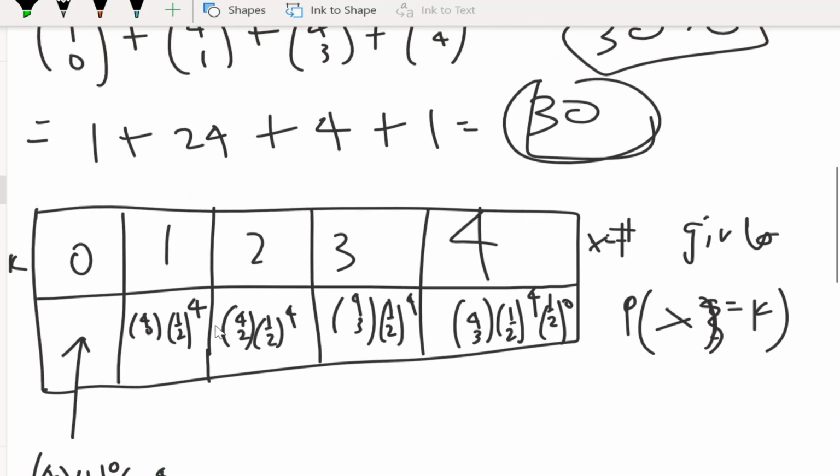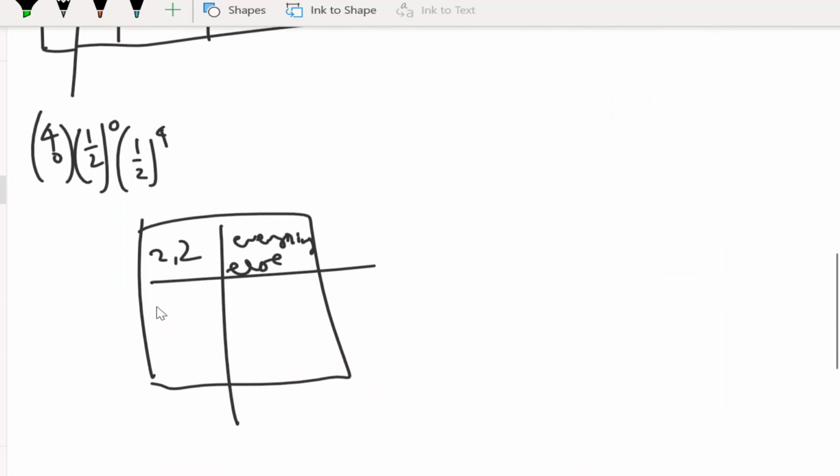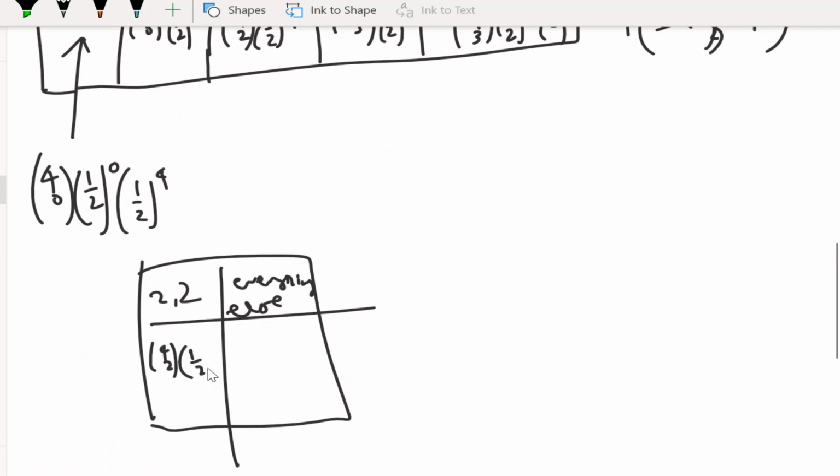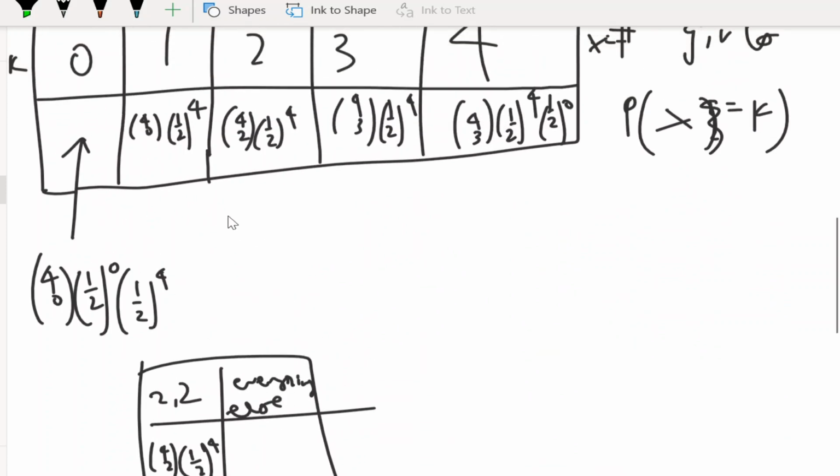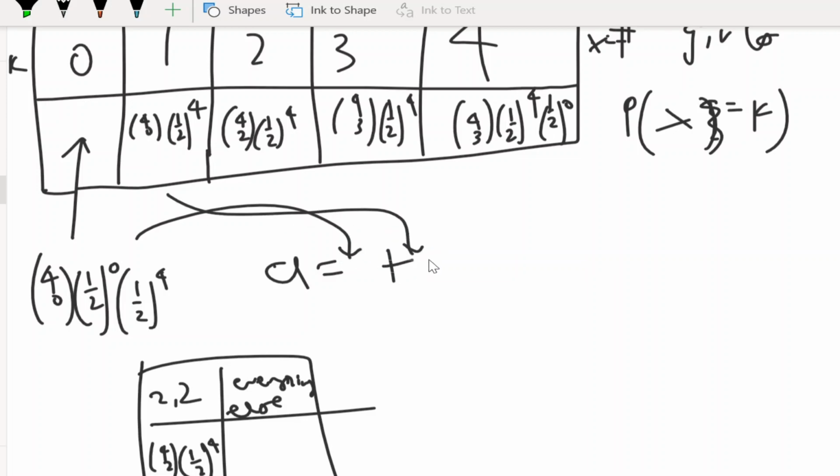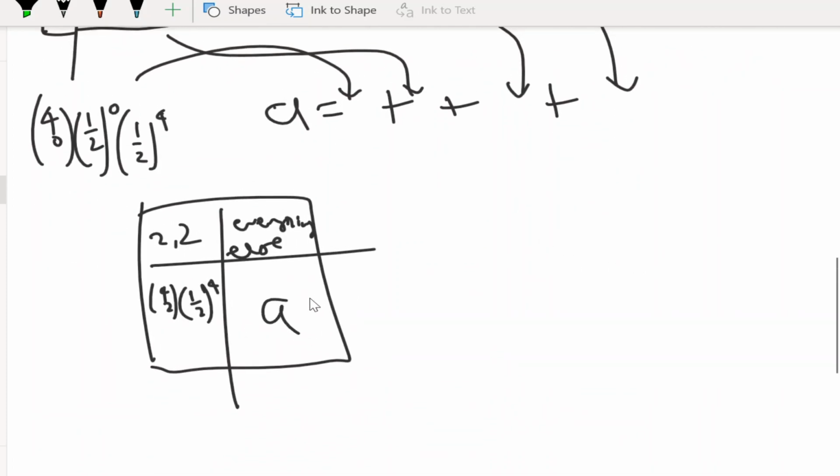And 2, 2 would just be 4 choose 2 times half to the fourth. Then everything else would be summed up. So I'll say A is equal to this plus this plus this plus this, whatever probability you get there, and that's our A value.